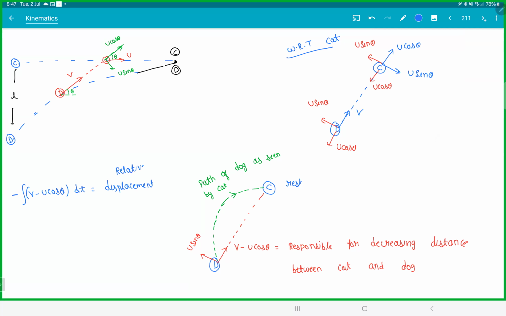Relative velocity into time is relative displacement. So this is the relative velocity. Why does it have a minus sign? Minus because the distance is decreasing. This velocity is responsible for decreasing the distance.